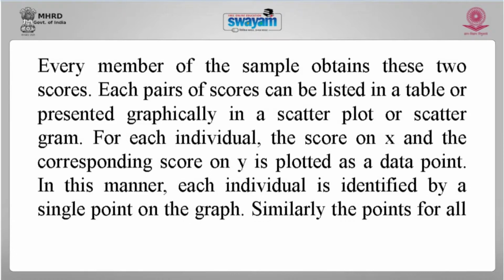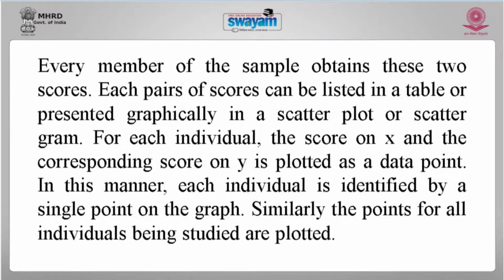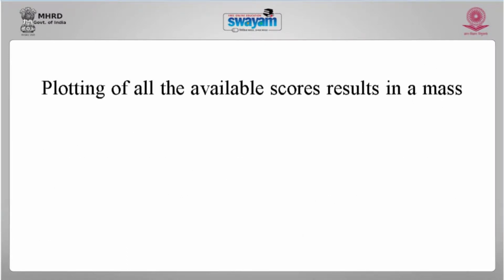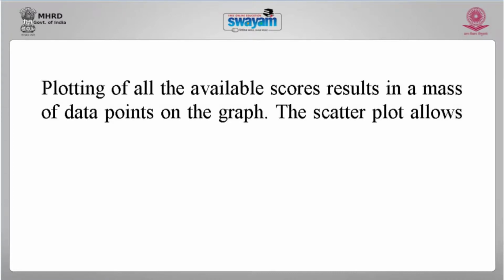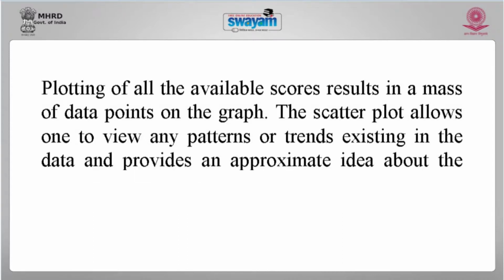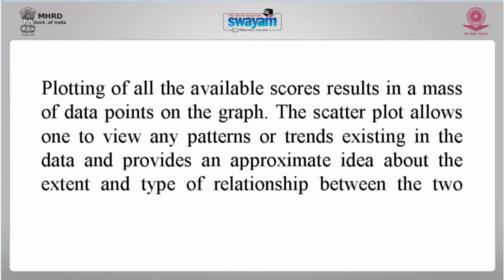Similarly, the points for all individuals being studied are plotted. Plotting of all the available scores results in a mass of data points on the graph. The scatter plot allows one to view any patterns or trends existing in the data and provides an approximate idea about the extent and type of relationship between the two variables.